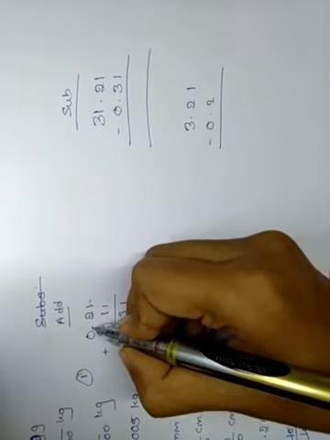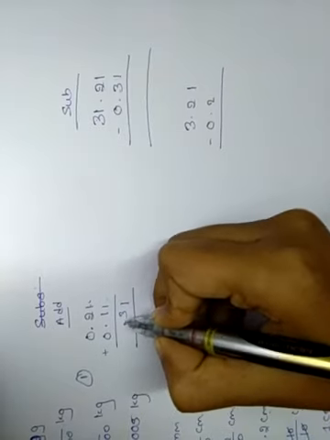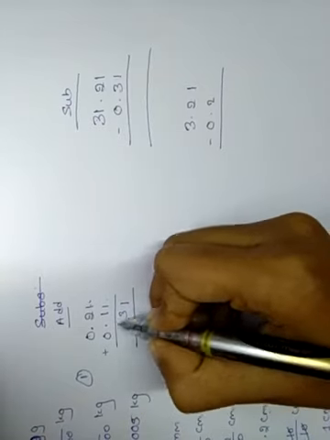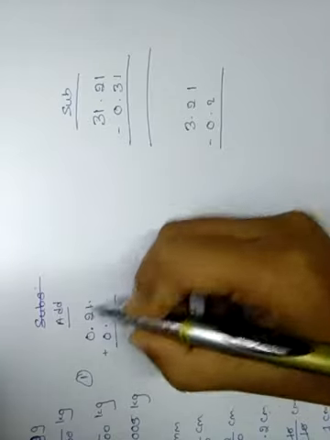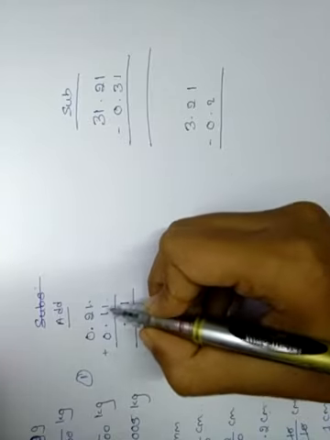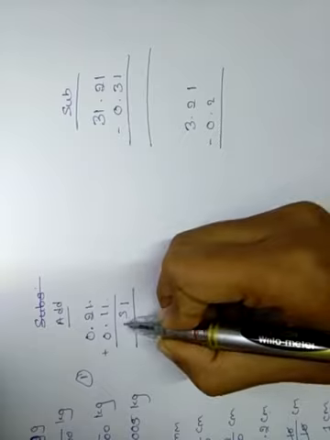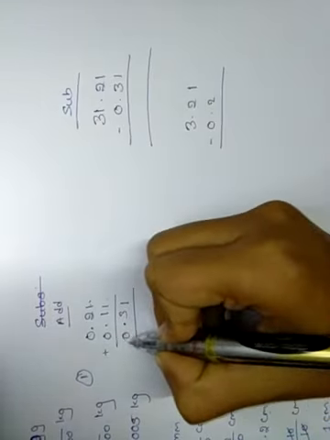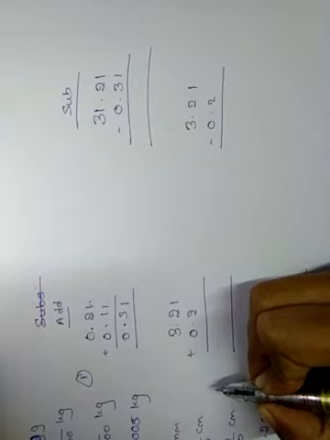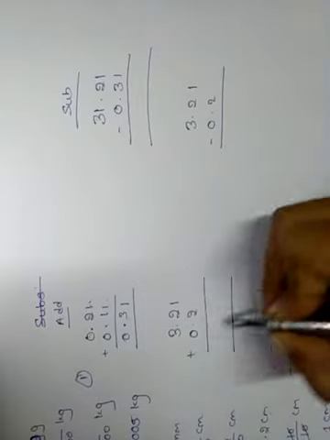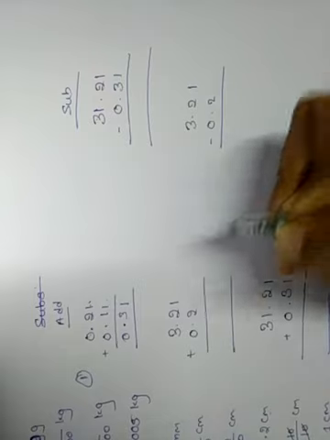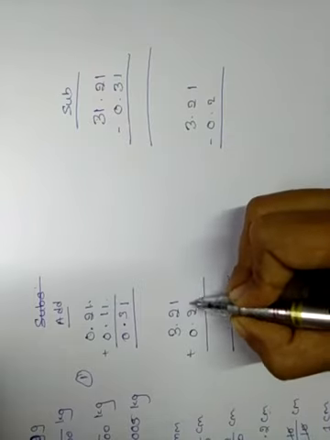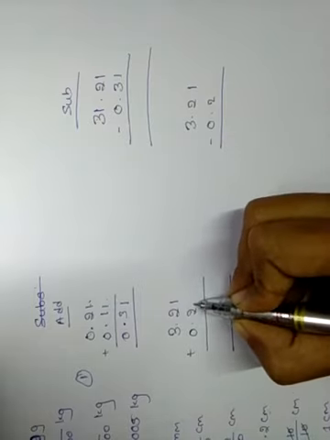We have to give the decimal point immediately after 2 digits only, because you can observe in these two decimal numbers, the decimal point is present after 2 digits only. So here also we have to give it after 2 digits. Then 0 plus 0, again 0. Thus we got 0.31.